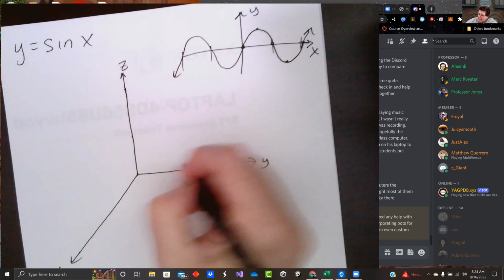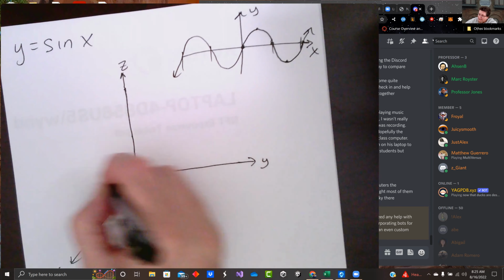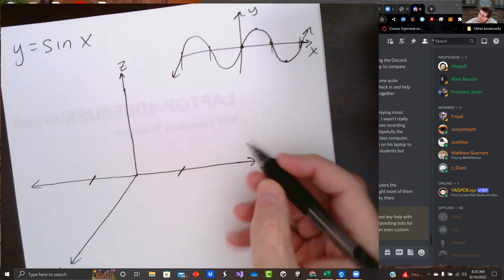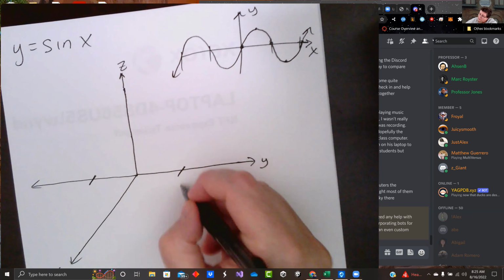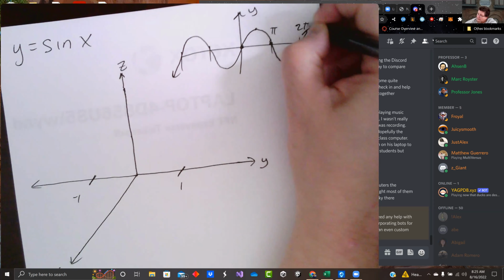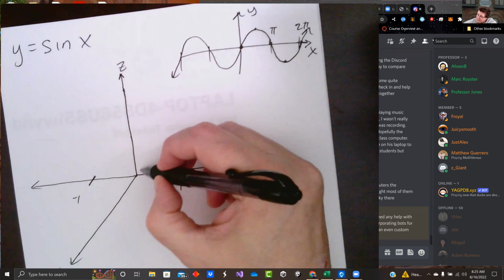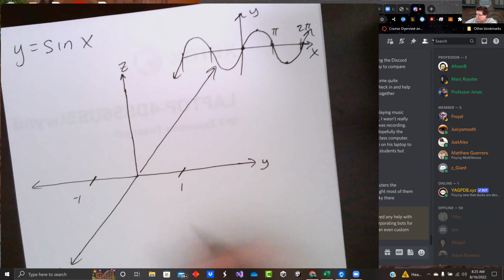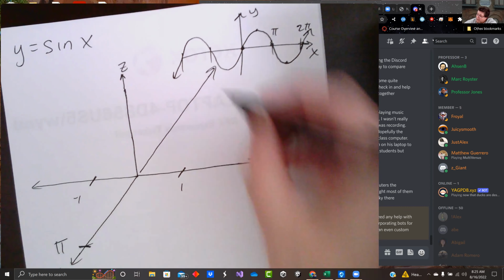I know y caps at 1 and -1, right? So 1, -1, this would be pi and 2 pi. So maybe I'll scale the x-axis. Maybe I'll only show up to pi right here, and we'll do -pi that way.